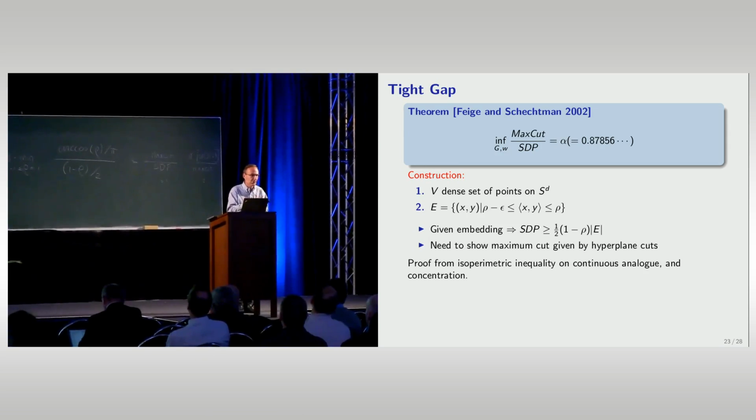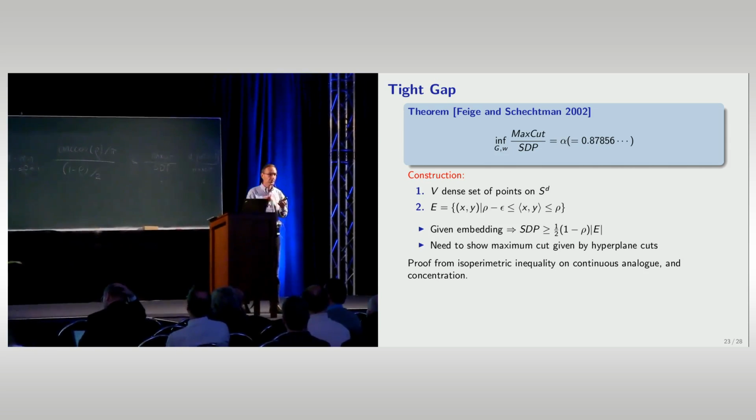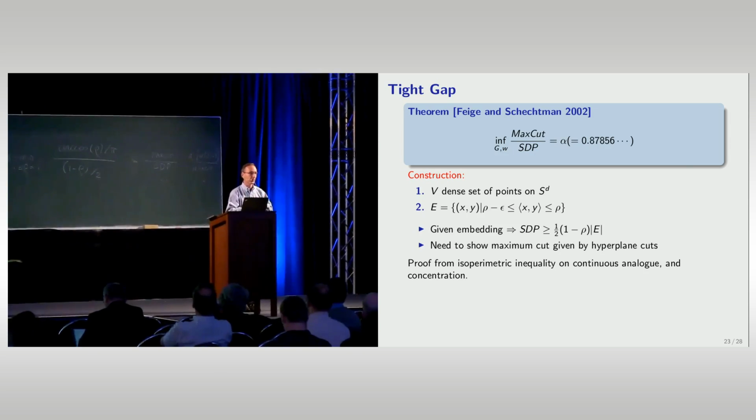So that will give me that SDP is at least that, and then I will need to show that the maximum cuts are given by hyperplane cuts. This can be done by concentration of measure and also an isoperimetric inequality on a continuous analog. This discrete setting is difficult to analyze, but when you go to the continuous analog, you can get such an isoperimetric inequality.